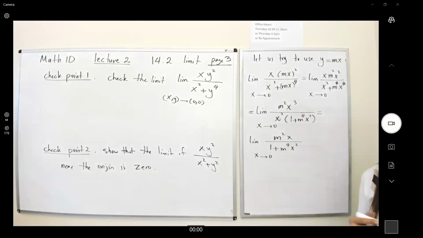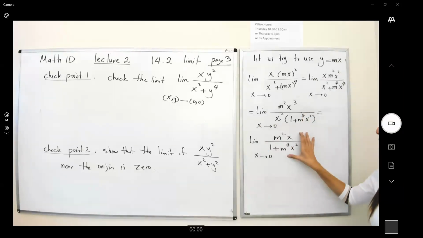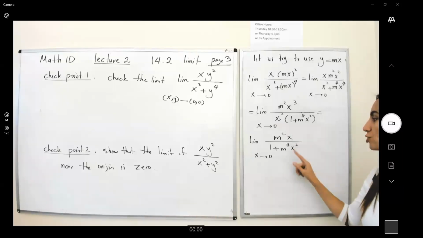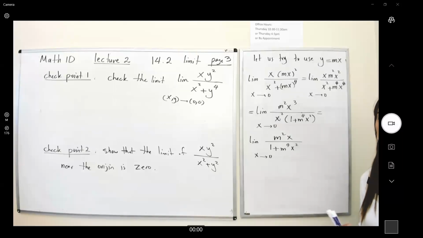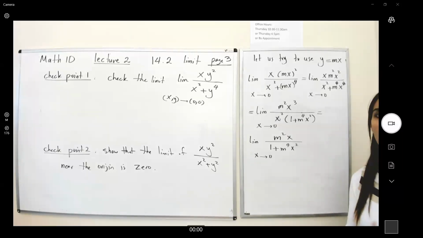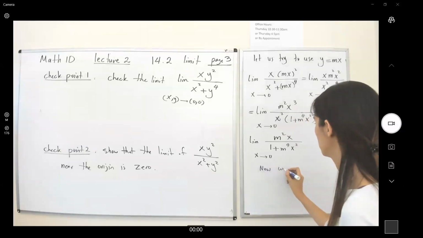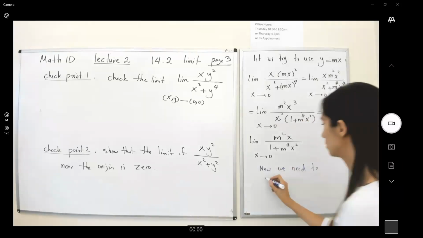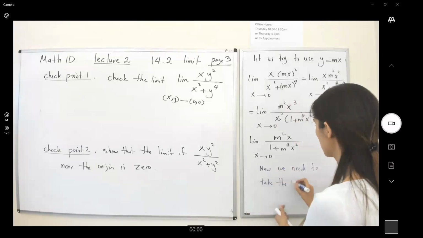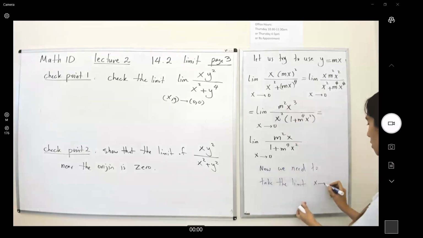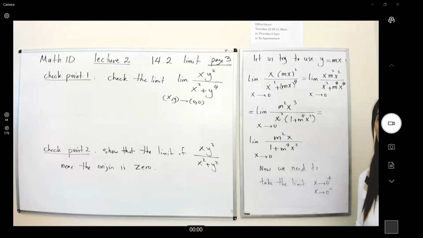Okay, so your function actually has x in it. So you need to try to find the limit as x goes to 0 from the right, as x goes to 0 from the left, and check to see if those are equal to each other or not, and whether the limit exists or is equal to 0 or not.